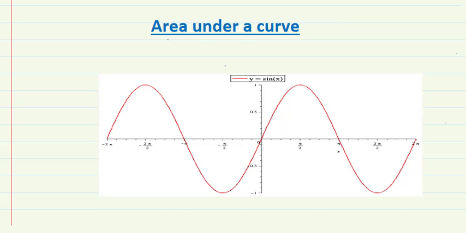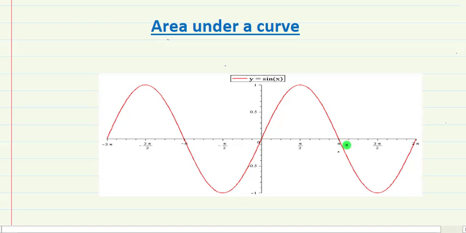Have a look at this curve. This is the curve for y is equal to sin x. Here, suppose we need to find the area from 0 to pi. The area that I am going to shade is the area bounded between the x-axis and y is equal to sin x.